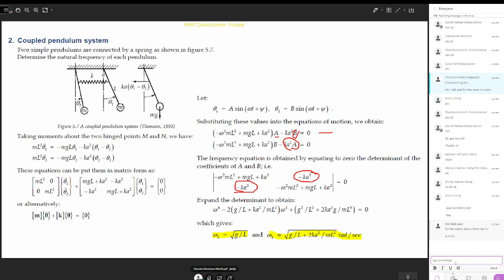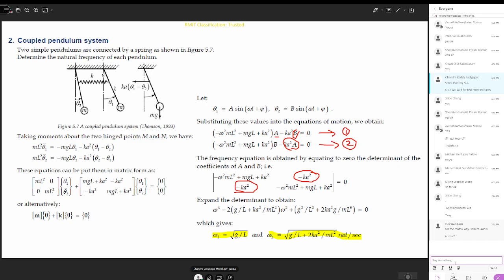Okay, the idea is to solve these two equations. Algebraically, if you solve, you get both A equal to 0 and B equal to 0 as the solution. To get solutions other than that, you have to equate the determinant of these two equations, in this format, to 0. Our aim is to find the natural frequencies here. If A is equal to 0 and B is equal to 0, that is basically the equilibrium condition, so we avoid that.